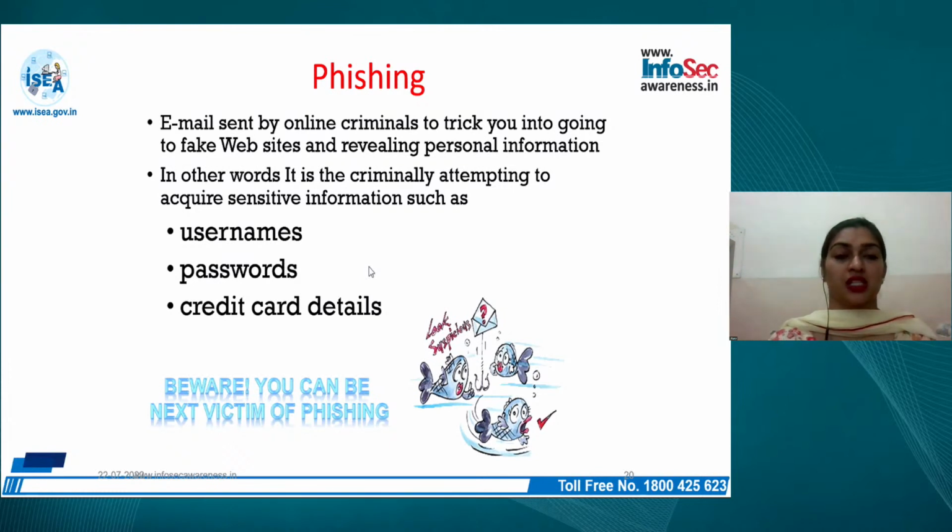Okay. As we discussed phishing, this is another online crime. Here you can see these phishers might have read this particular email which was sent to them. It looks suspicious, but still they try to explore it and they fall for it. It is a criminal attempt to acquire sensitive information such as your username, password, and credit card details.